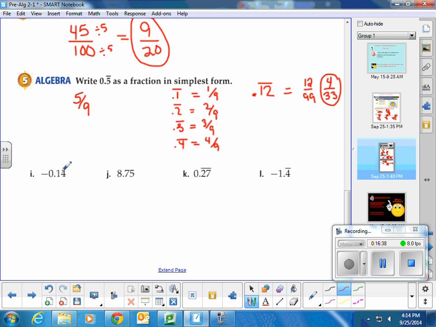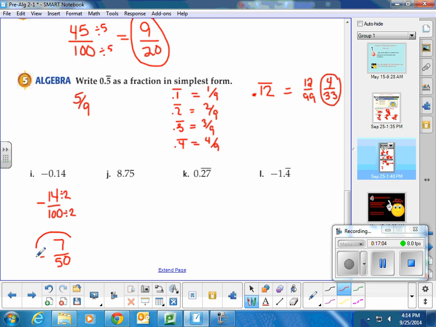Negative 14/100. When I say that correctly, it looks like this. Now, if I can simplify it, I should simplify it. Both these two numbers are divisible by 2. So 14 divided by 2 is 7. 100 divided by 2 is 50. And don't forget that it was negative.